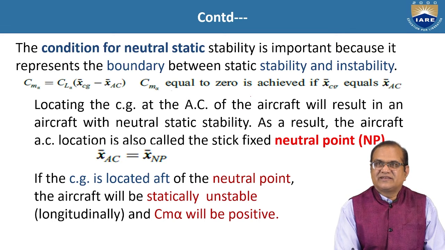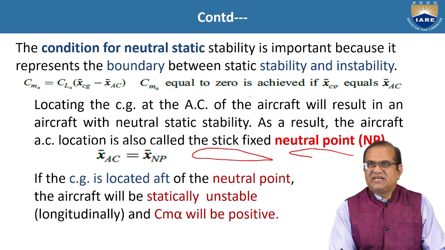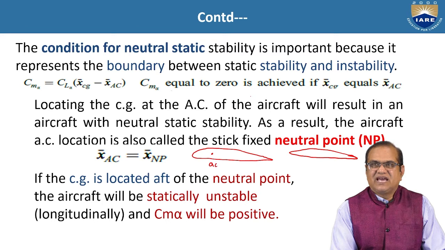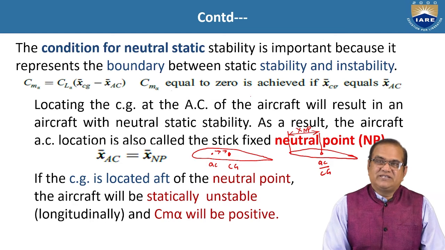This is one diagram, this is another diagram. Here we have the AC and here we have the CG. Slowly, if it is shifting towards the CG, on top of this, AC and CG will be at one point. So whenever the AC is on top of the CG, this is called XNP. Okay, so this point is called the neutral point.